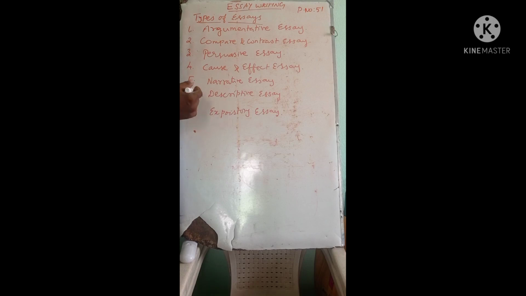See, in your major subjects, physics, chemistry, biology, zoology, computer science, you are asked to write in the descriptive way. Descriptive way means you have to write in detail, all the points in full detail, full-fledged work.